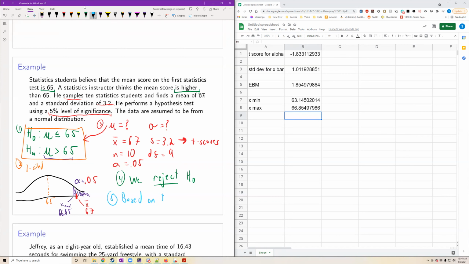Based on this sample, we believe the average test score is higher than 65.